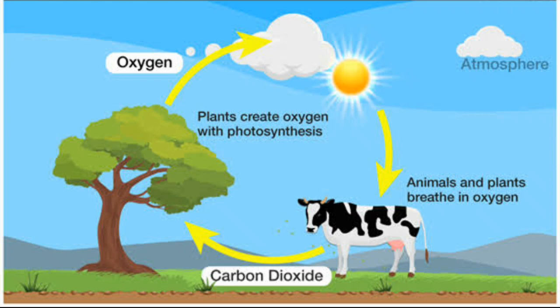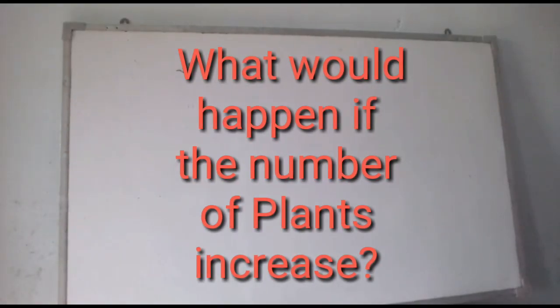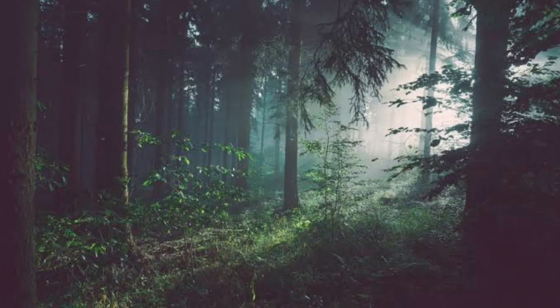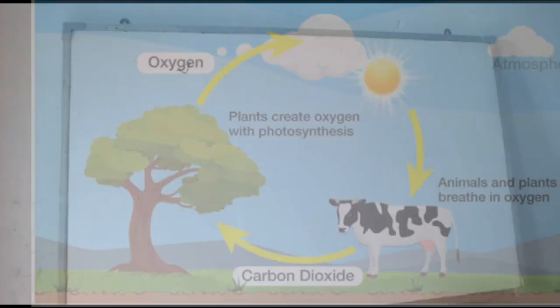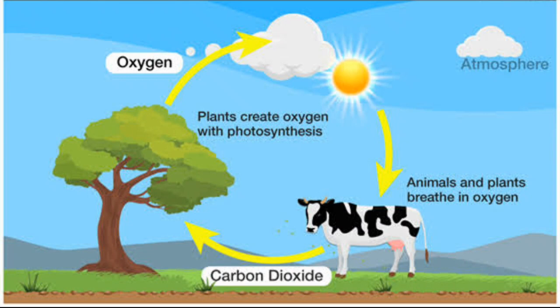Plants give us oxygen, and in return we give them carbon dioxide while breathing. So if the number of plants suddenly increases, suppose there are plants and plants everywhere, what would happen? The carbon dioxide breathed out by animals would not be sufficient for the plants to make food.